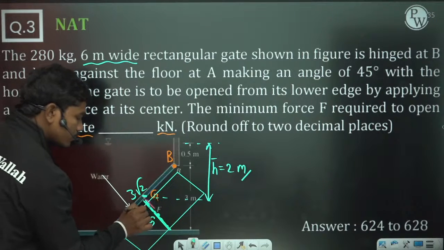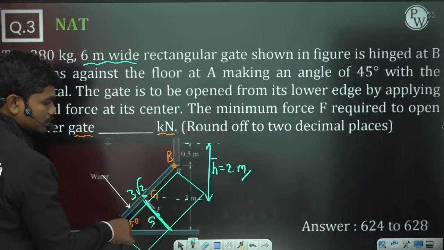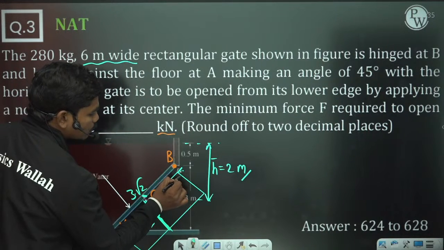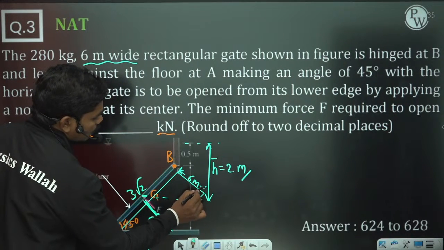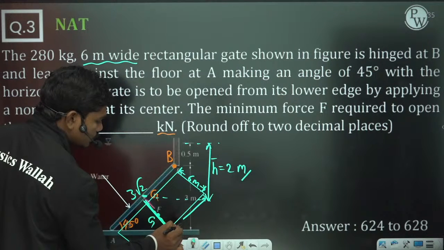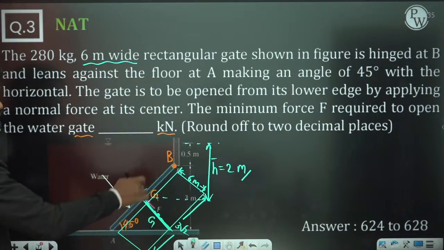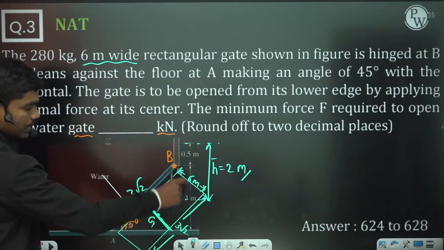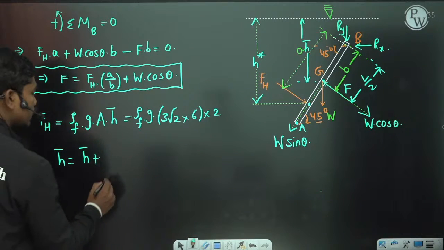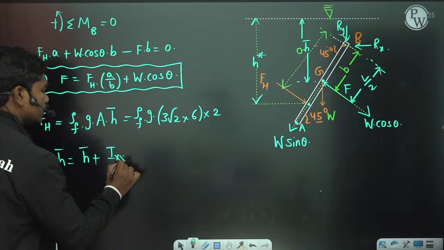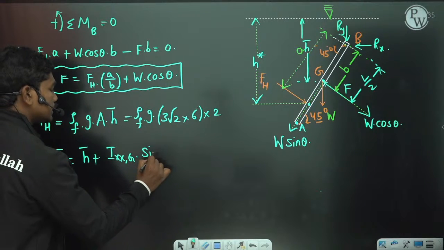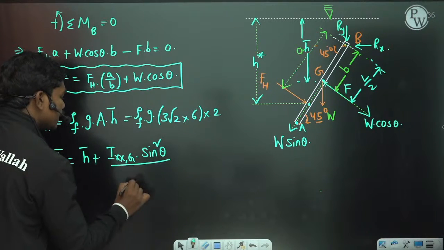About this axis, the plate is 6 meters wide and the other dimension is 3 root 2. This is a rectangle, so b d cube by 12. So h star is h bar plus IXX about the centroid, sin square theta by A times h bar.